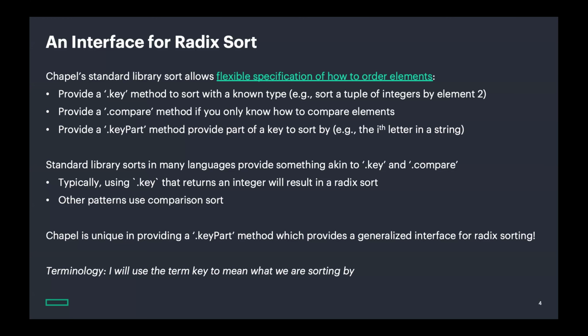But in Chapel, we're unique because we have this .key part method, and that provides a generalized interface for radix sorting. I haven't seen any other language do that in the standard library, so I feel like we can brag about it. Anyway, in the upcoming parts of this talk, I'm going to use the term key to mean what we're sorting by, even if that doesn't necessarily correspond to all of what we're sorting by the whole time. It's what we're sorting by at the moment.